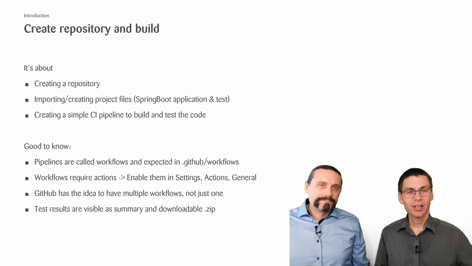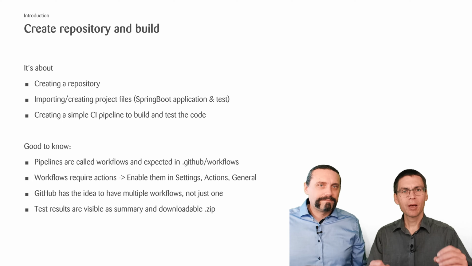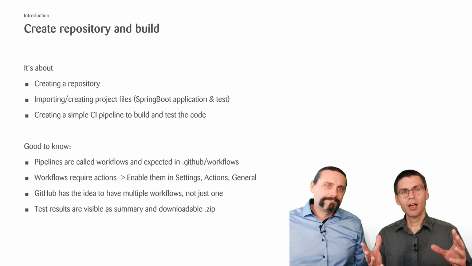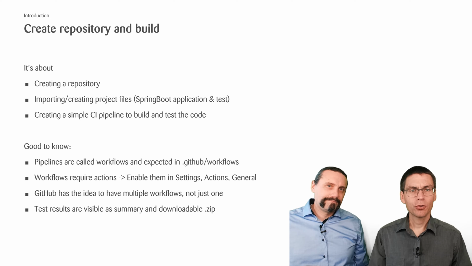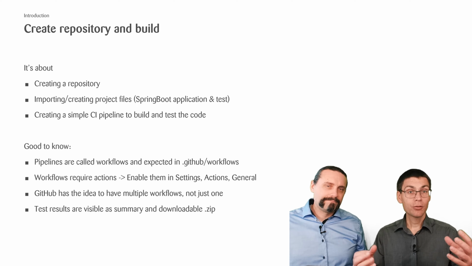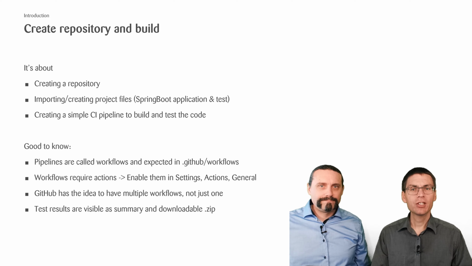An action is a small custom application that runs within GitHub. GitHub has the concept of having multiple workflows that can also be glued together. Test results can be made visible as a summary and are downloadable in a zip file.